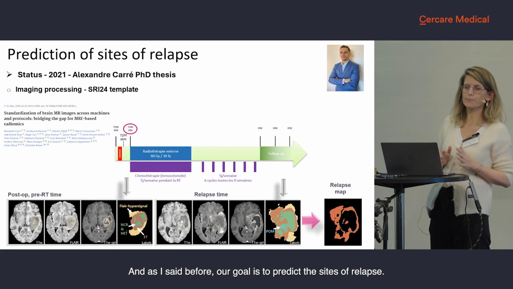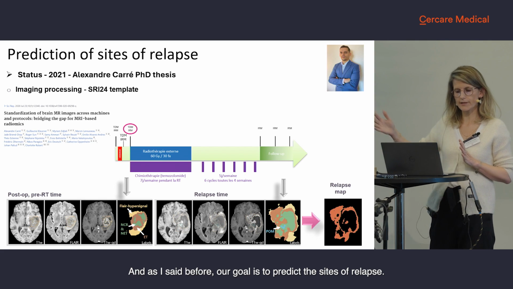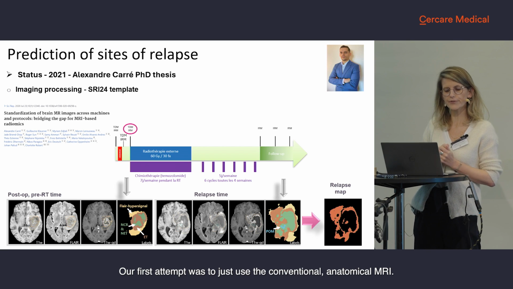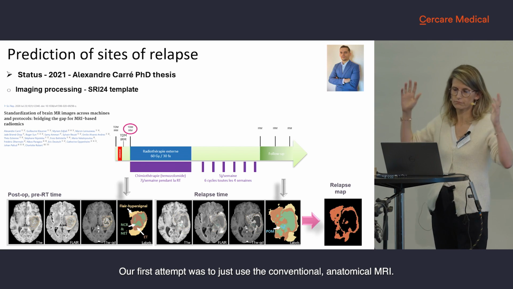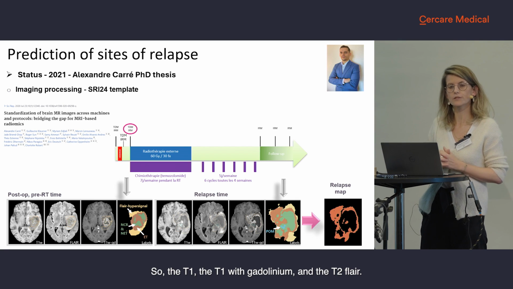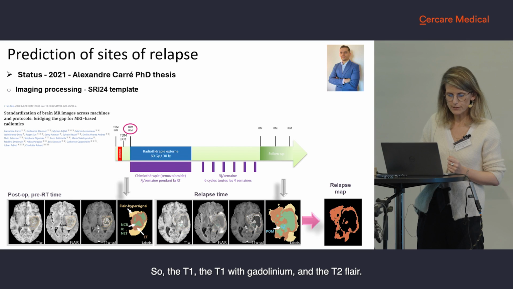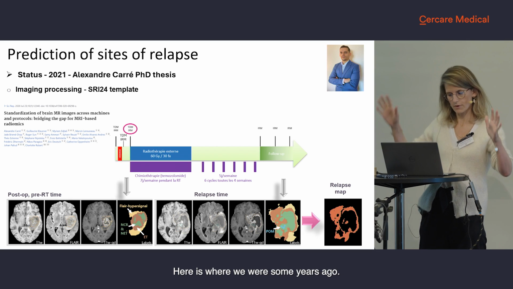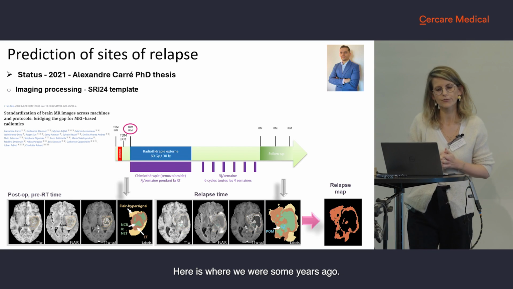And as I said before, our goal is to predict the sites of relapse. So our first attempt was to use just the conventional anatomical MRI, so the T1 with gadolinium, and the T2 FLAIR. So here it's where we were some years ago.